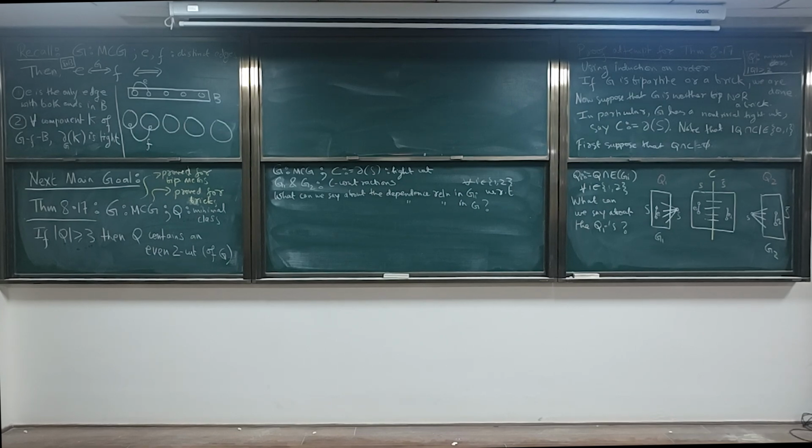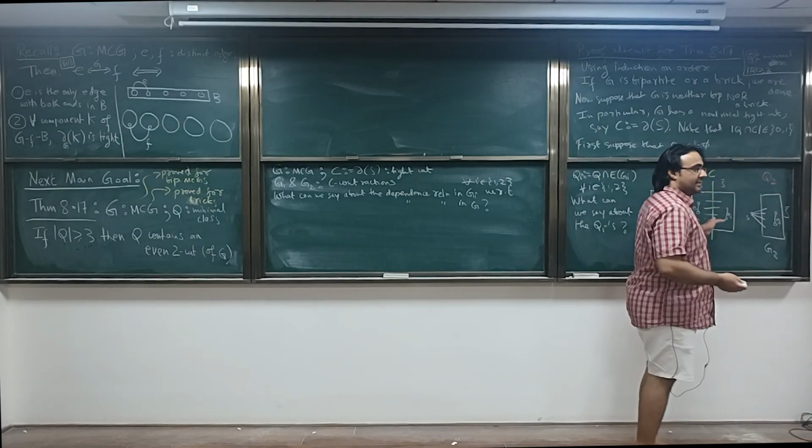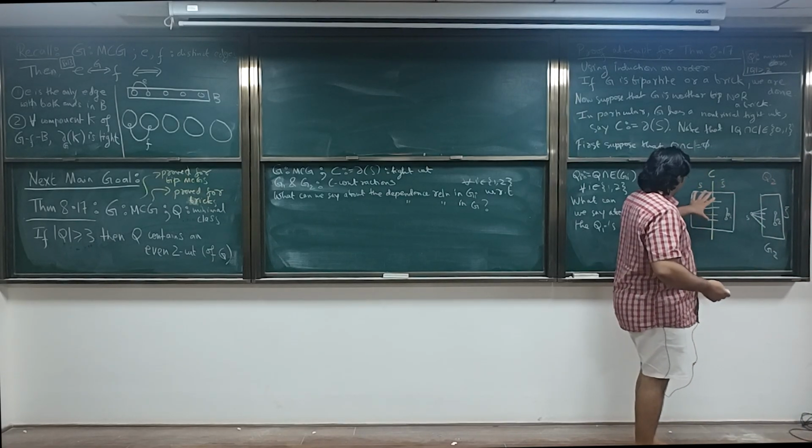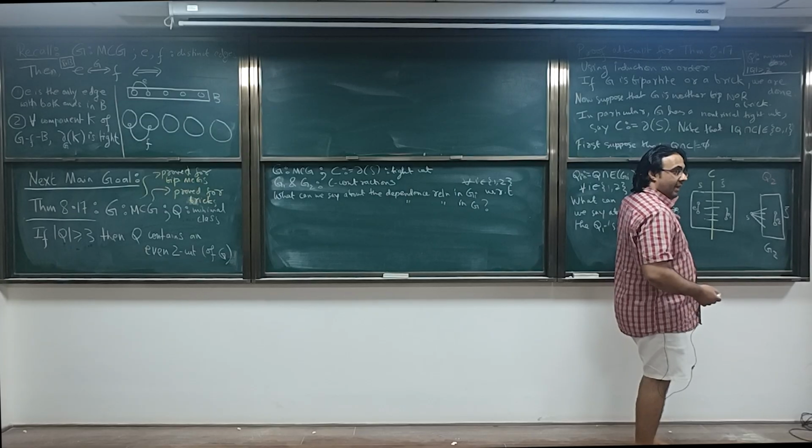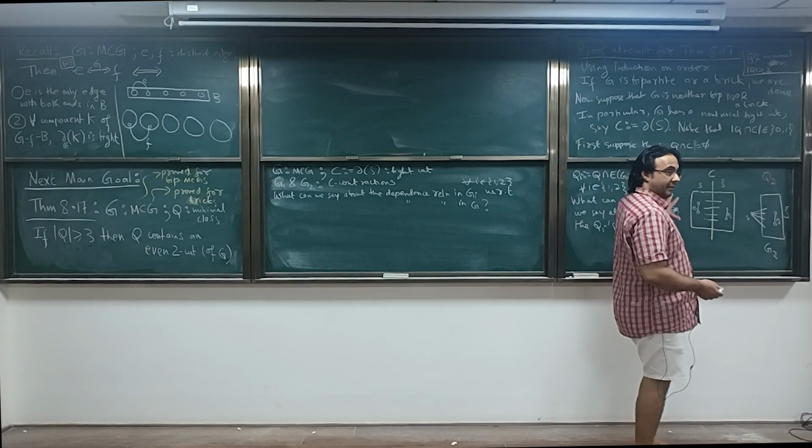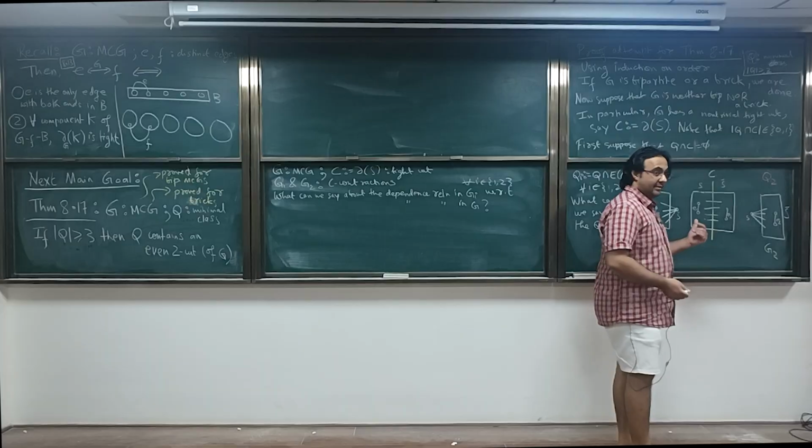For a tight cut, what do we know? The definition is every perfect matching meets the cut in exactly one edge. So I can take the restriction of the perfect matching here, and I have now a perfect matching of this graph. This doesn't happen for separating cuts.